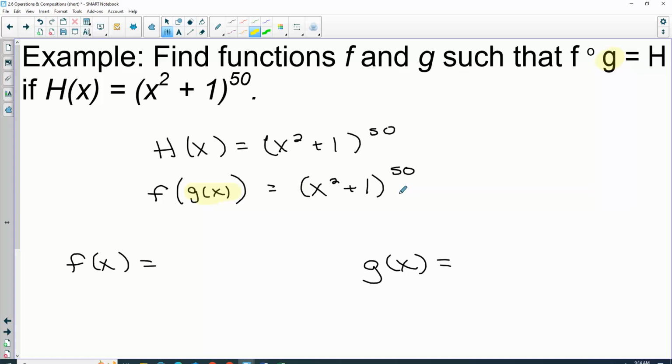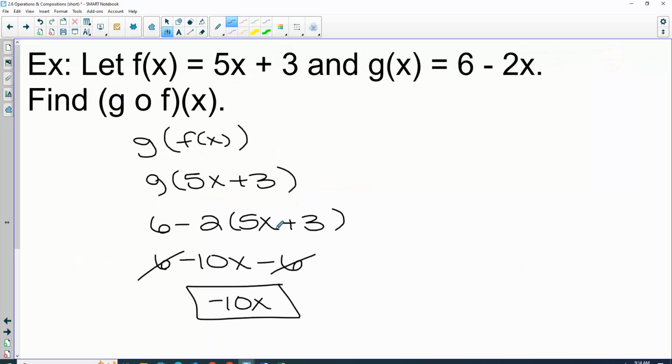Can you guys tell me what the inside would be of the x squared plus 1 to the 50th? Okay, would we agree with that, inside the parentheses? So, one option is to say g of x is x squared plus 1. Now think about what happens when we do a composition.